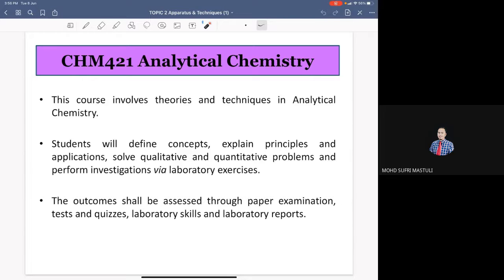Students will define the concept, explain the principle and application, solve qualitative and quantitative problems, and perform investigation via laboratory exercise. The outcome should be assessed through paper examination, tests and quizzes, laboratory skills, and laboratory report.